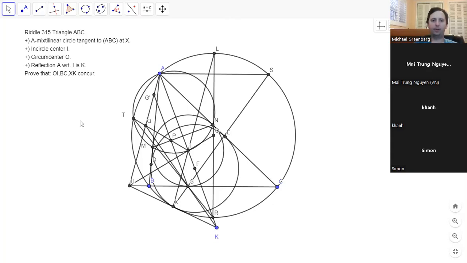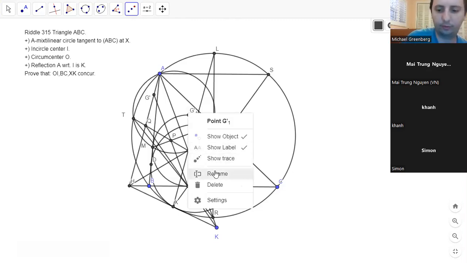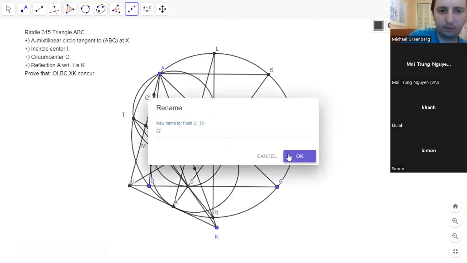So yeah, we could try to show BC bisects QGS, or is the external bisector. So you reflect, we've already used G prime here, but I could call it something different. I'll just rename it as G1 prime and let the other one be G prime.